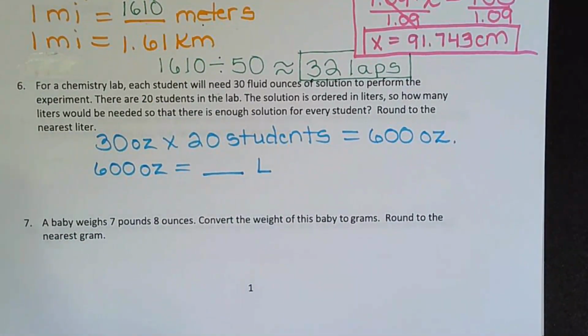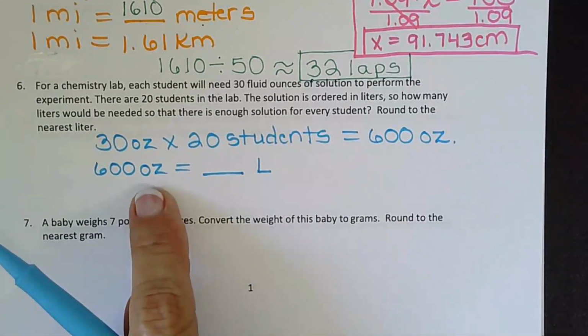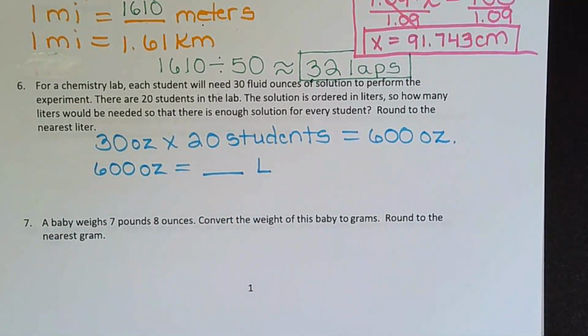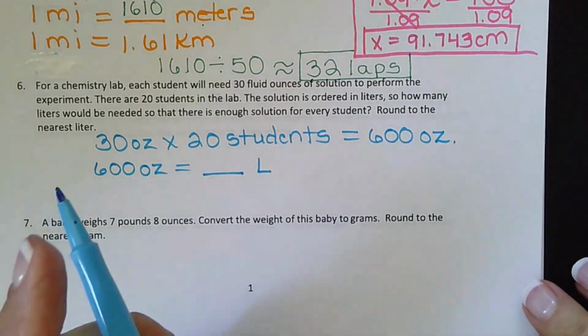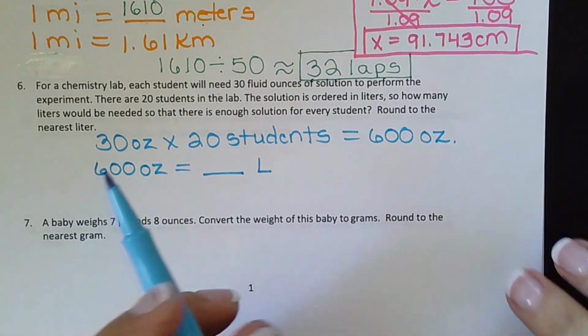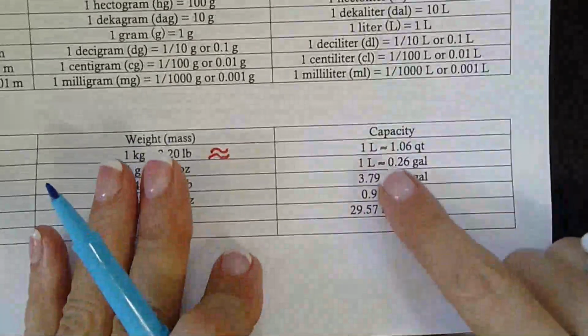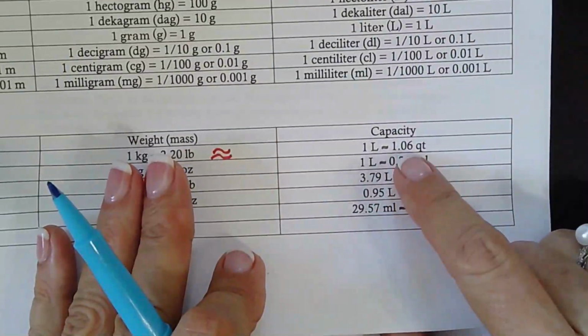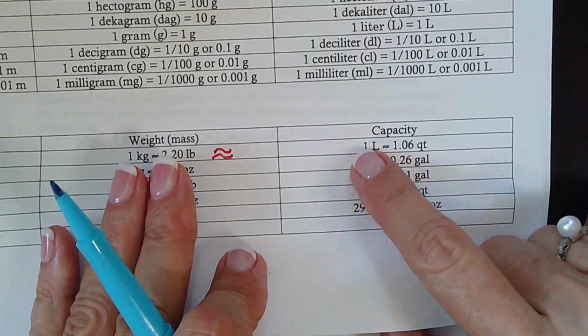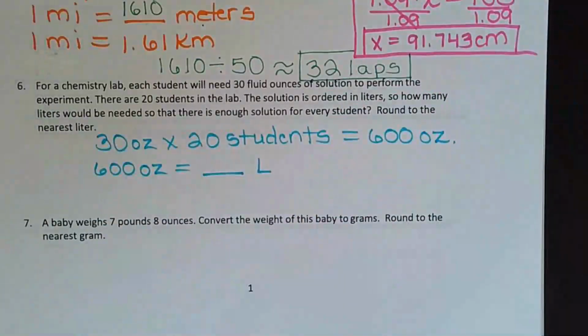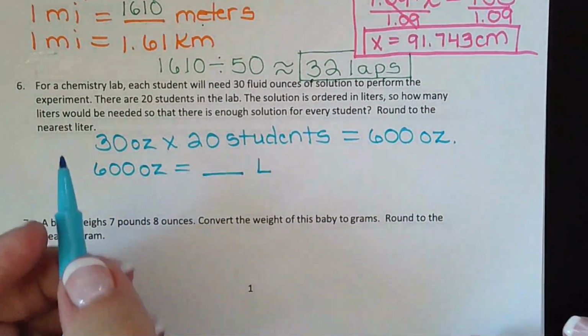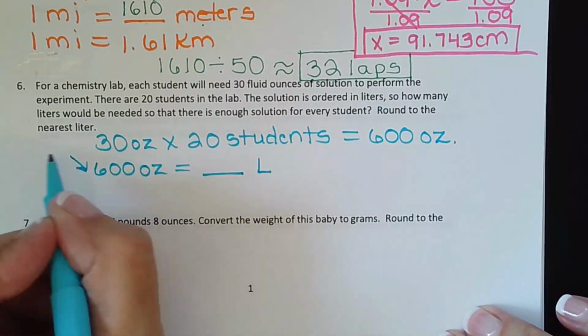We're going to have to use our gallon man to figure out how many quarts is 600 ounces, because we know quarts to liters, it's on this sheet twice. So as long as we can get it into a quart, then we can turn it into a liter. So we're going to have to turn this into quarts.